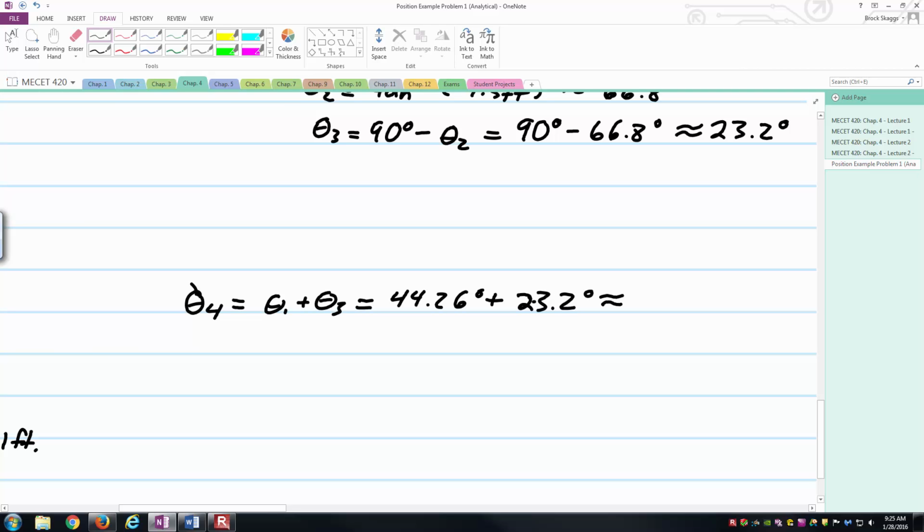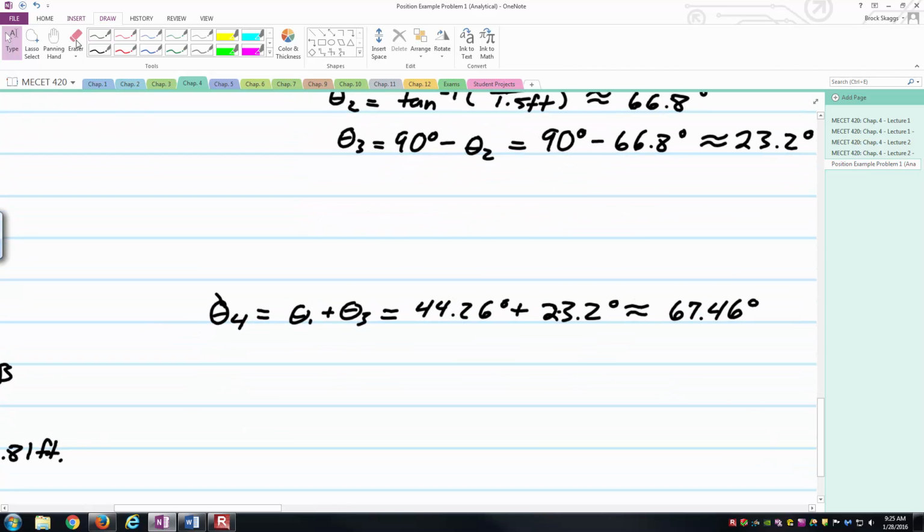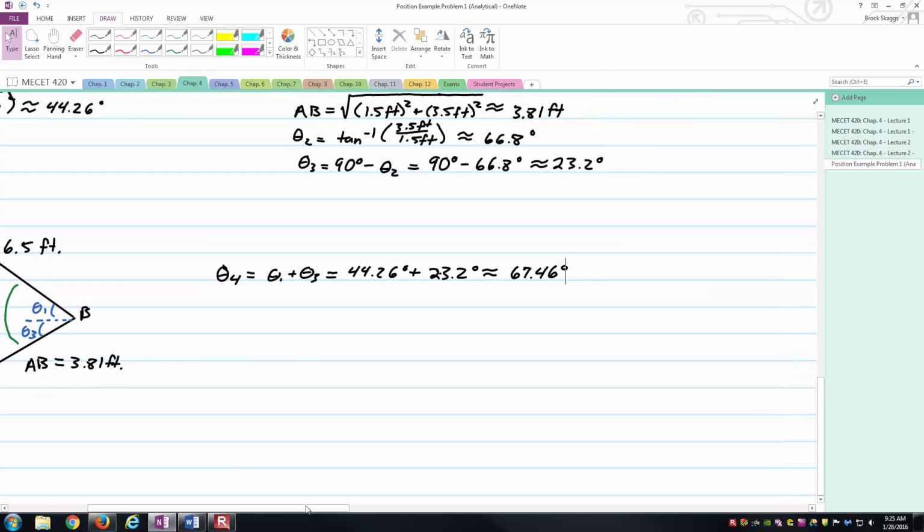And so their sum should be about 67.46 degrees. All right, so very close.